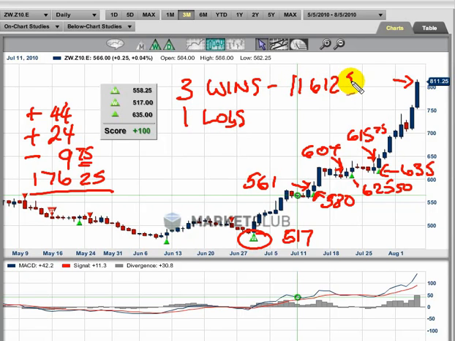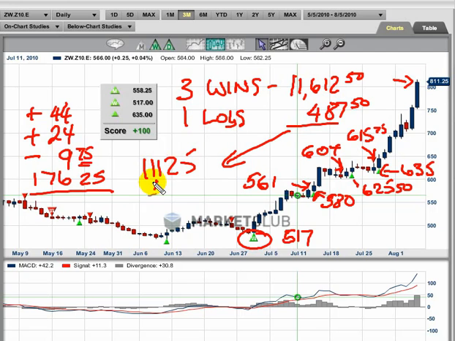This is like a 300% return in a very short period of time, in a month. You have a loss of $487.50. So you subtract those, and I'll put it right here, the big number, and you have a gain of $11,125.